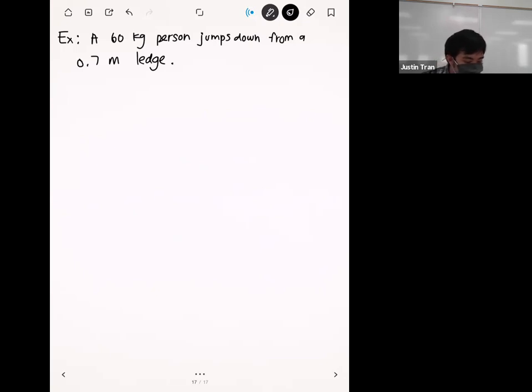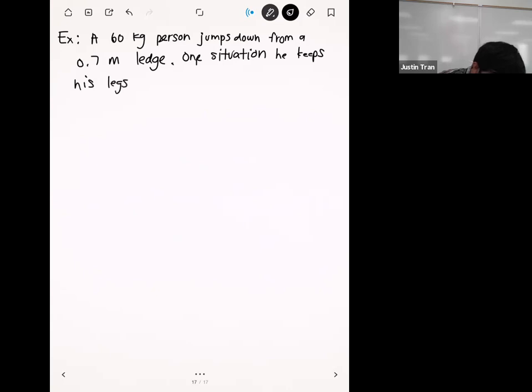In one situation, he's going to keep his legs straight as he hits the ground. And in the other situation, he's going to bend his legs as he falls so that he breaks his fall.